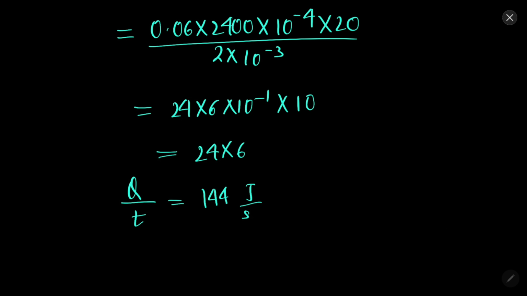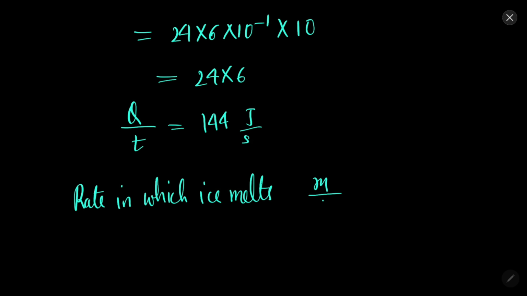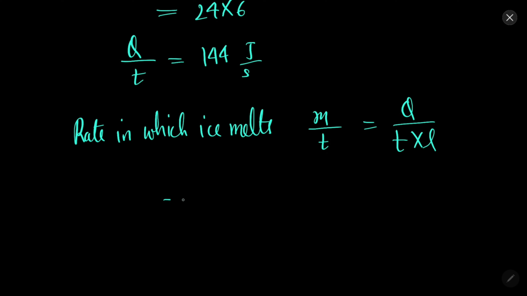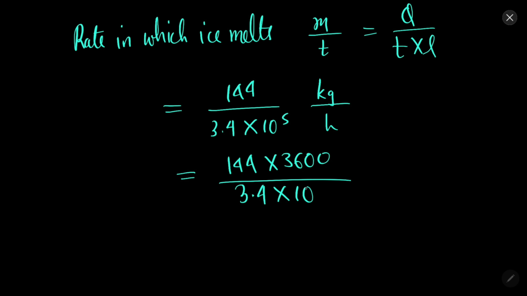Now we also need to find the rate at which the ice melts, so M over T, so Q over T divided by latent heat, so 144 over 3.4 into 10 to the power 5 kg per second, or 144 into 3600 kg per hour.